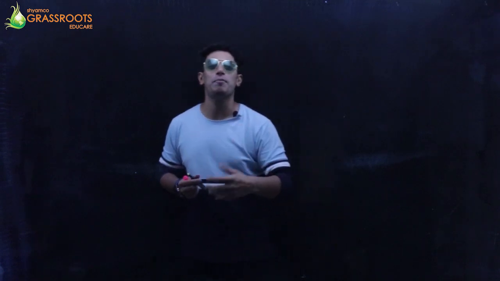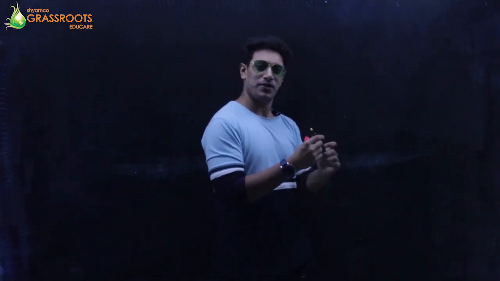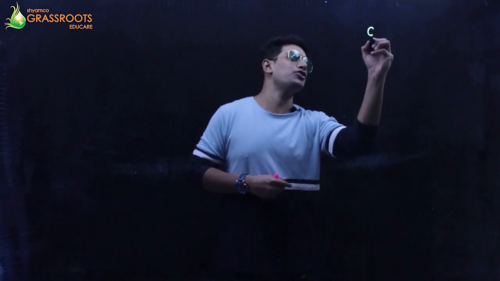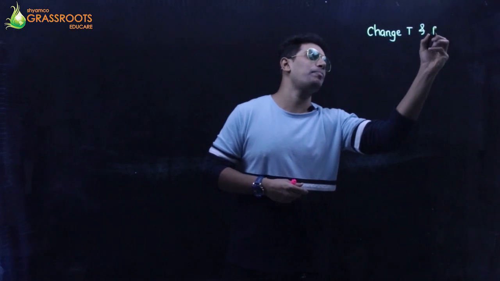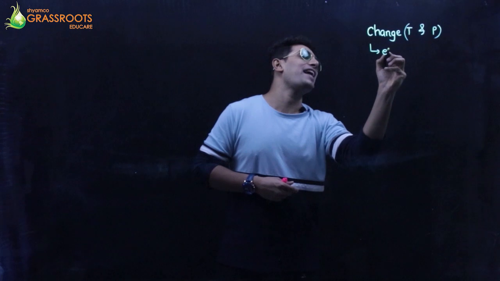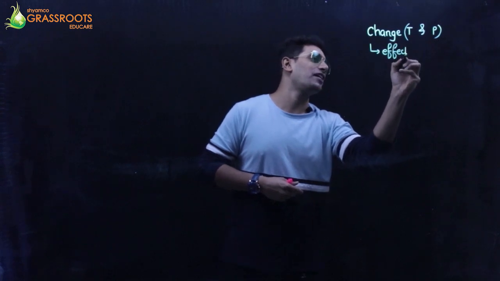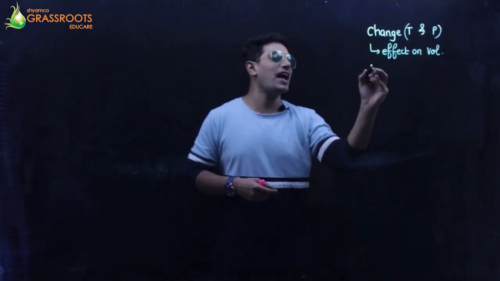We're going to change the temperature, we're going to change the pressure, and because of the changes in both, we're going to study the behavior. We're going to study the nature of the gaseous molecules in terms of volume. So, change the temperature and change the pressure, and let's study the effect on the volume, and that is given by the gas equation.